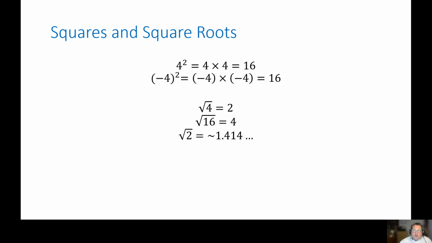Square root of 2 is, well, it's not so simple. It's what we call a surd, a number which cannot be written in any number of digits that would be finite. It requires an infinite number of figures.